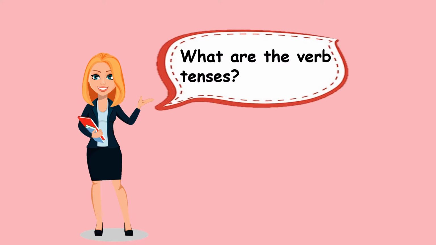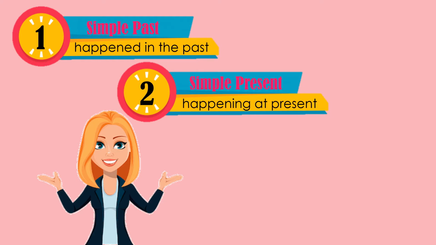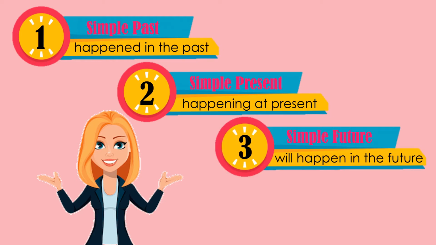So, what are the verb tenses? The three simple tenses of verbs are simple past, simple present, and simple future.